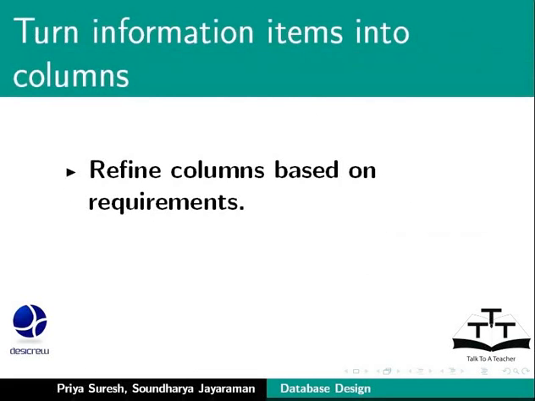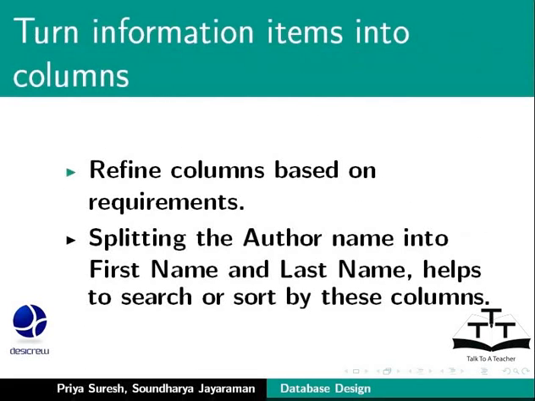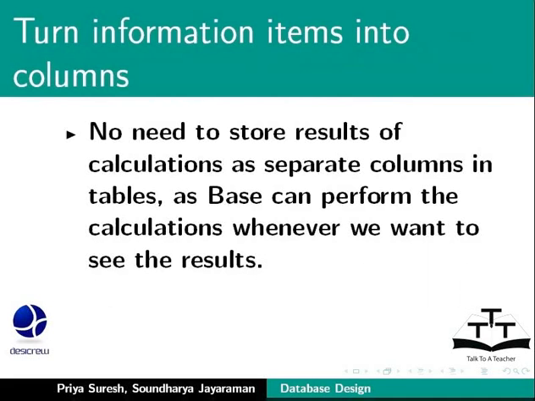For example, we can split the author name into first name and last name so that we can search or sort by these columns. And we don't have to store results of calculations as separate columns in tables, because Base can perform the calculations whenever we want to see the results.